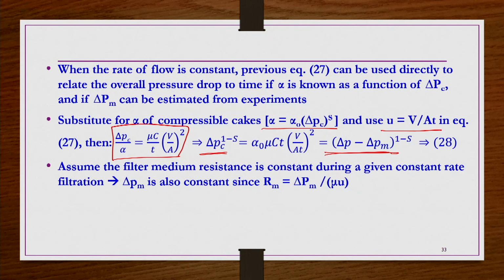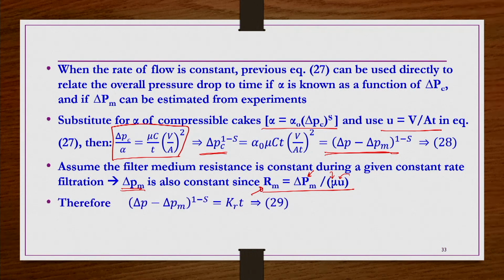Assume the filter medium resistance is constant during a given constant rate filtration. So, delta Pm should also be constant, because Rm is nothing but delta Pm by mu u. u is constant for a constant filtration rate. Viscosity of filtrate is in general constant. So, if Rm is constant, then delta Pm should also be constant.